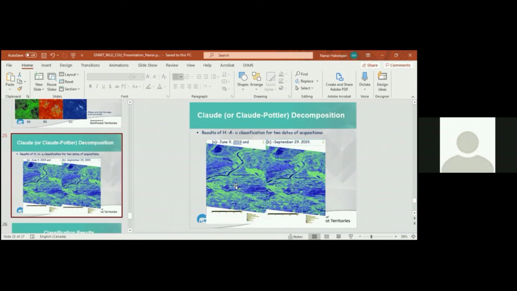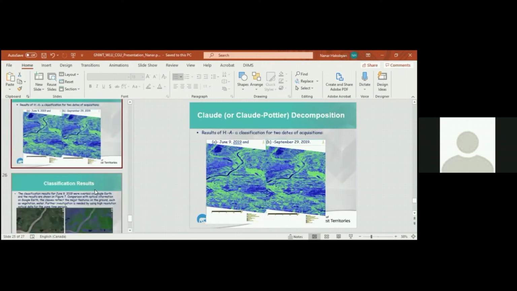You can see the actual differences between the 2 dates, because the area changed, something happened between these 2 days. Is it more moisture, less moisture, more dry land, less dry land? You can see the river here is more vegetated here than here. So it's a lot of information we can acquire from this data.